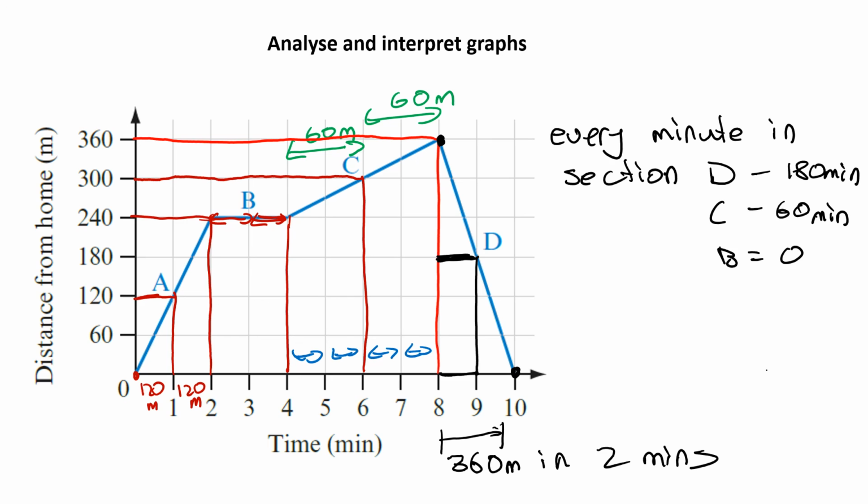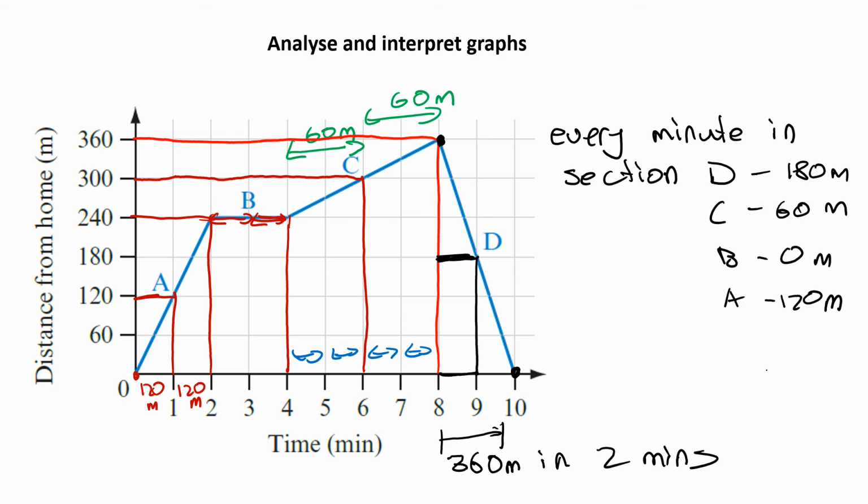B was 0. Oops, I don't know why I'm saying minutes. I do mean meters. And A was 120 meters.